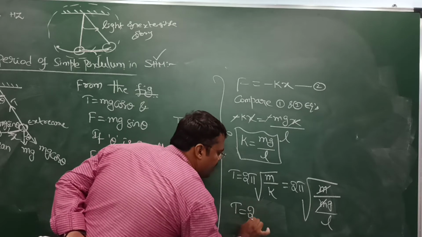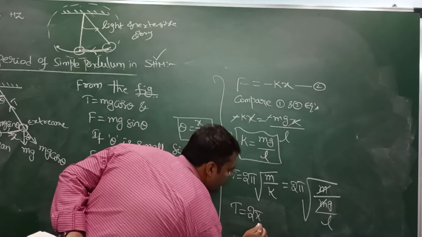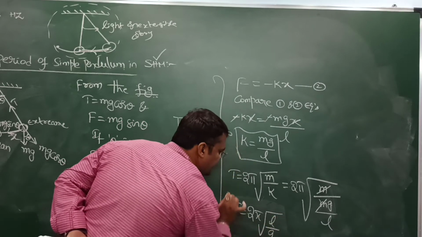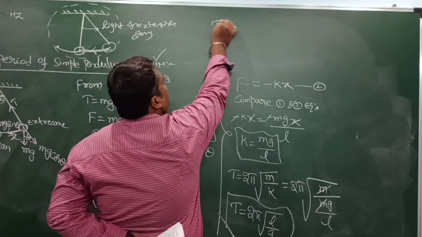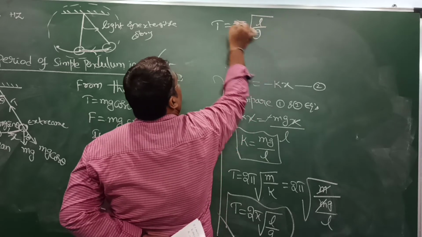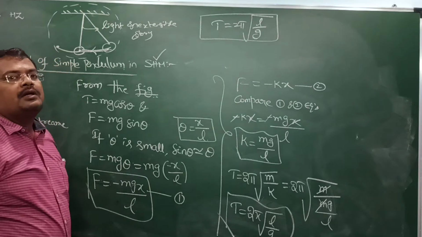The time period of a simple pendulum in simple harmonic motion: T is equal to 2 pi root L divided by g. So what we got here: T is equal to 2 pi square root of L divided by g. Observe this formula.